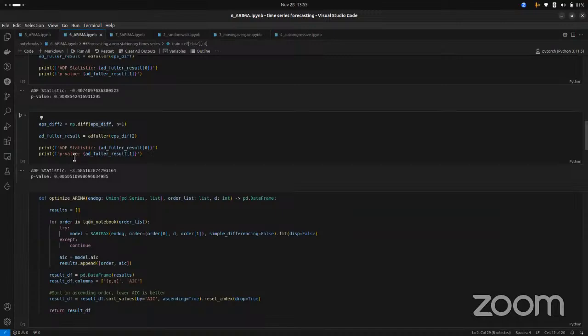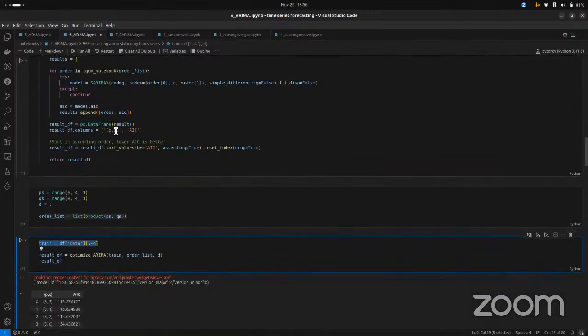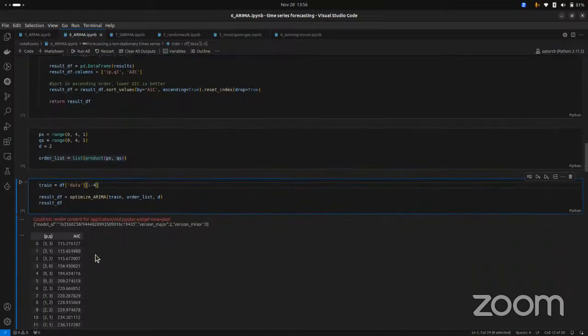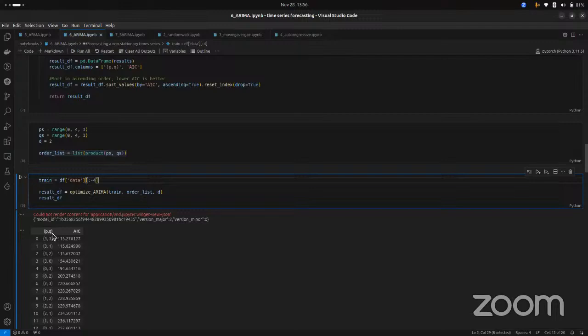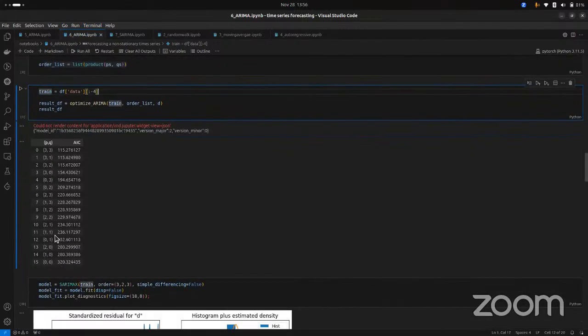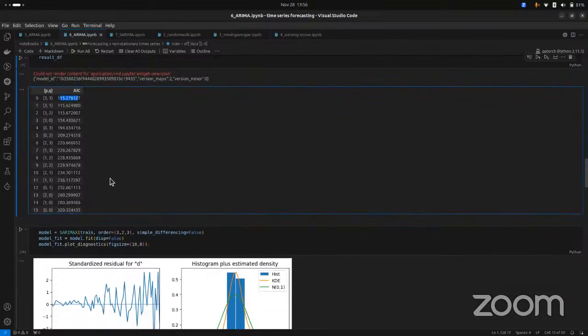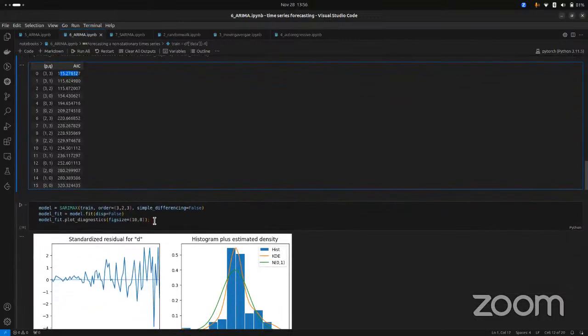So this -4, since they're quarterly, is every 4 quarters. So we're going to remove the last 4 quarters, which is the last year. Train on the previous years, get the right P's and Q's, right? And we're going to stick with P as 3 and Q as 3 because that was the lowest AIC score, right? So after that, we're not going to have to train again, right?